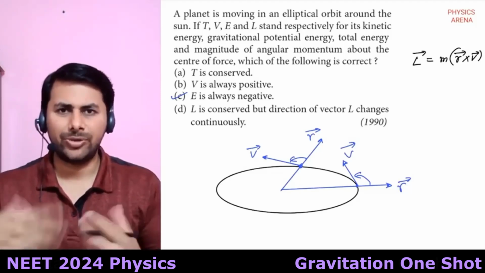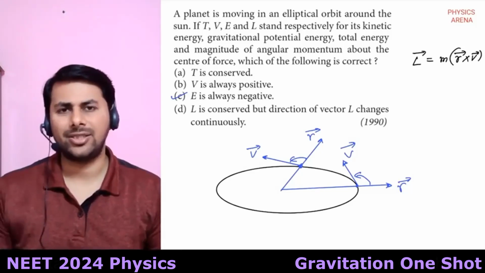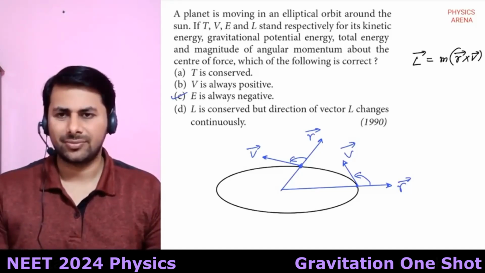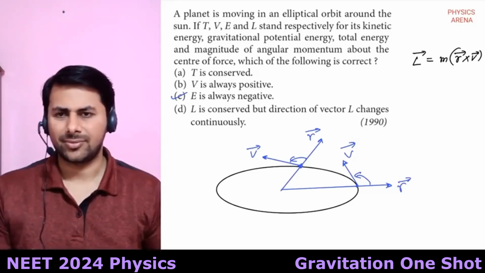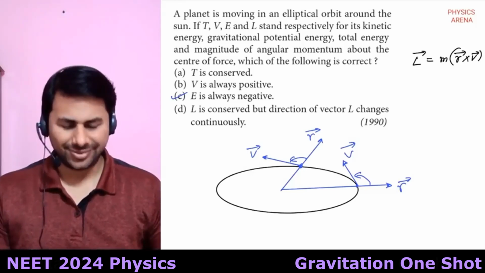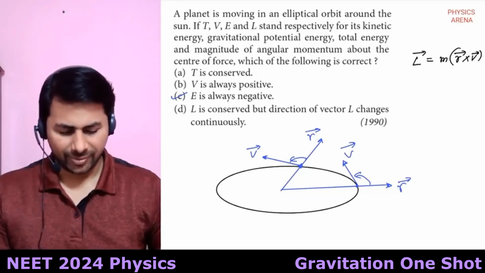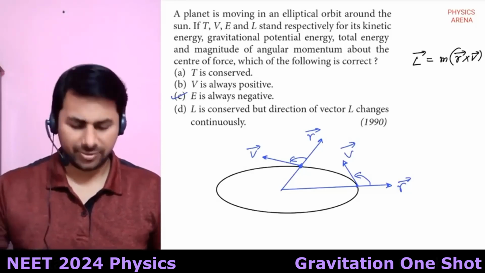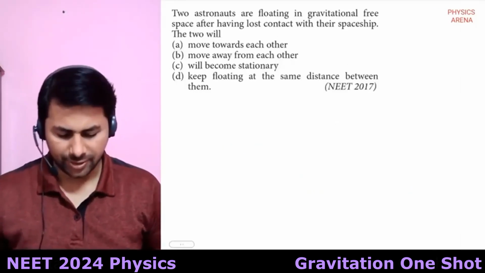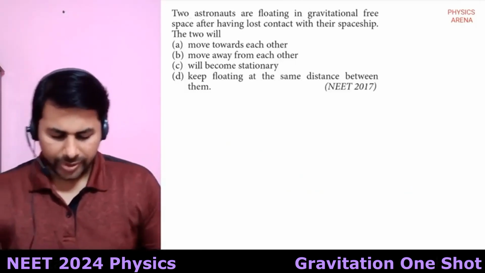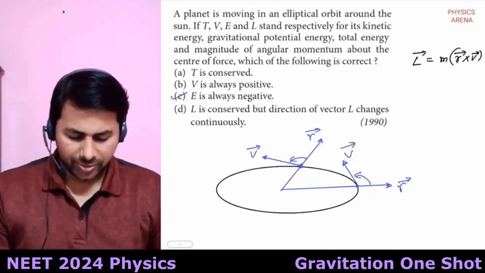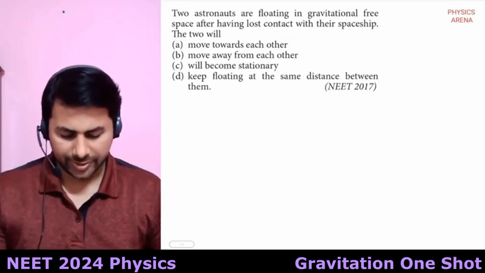So you have to put in energy, which means its energy is negative. Got it? Okay. We'll see this separately when we see energy, but for the sake of this question, this is the argument.